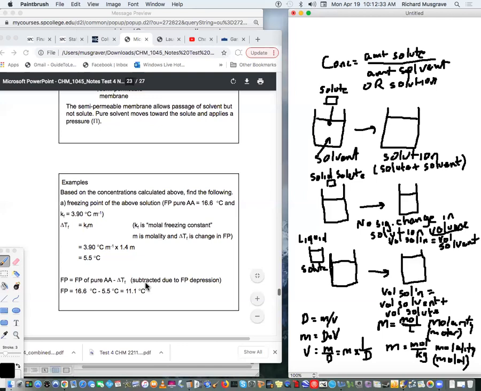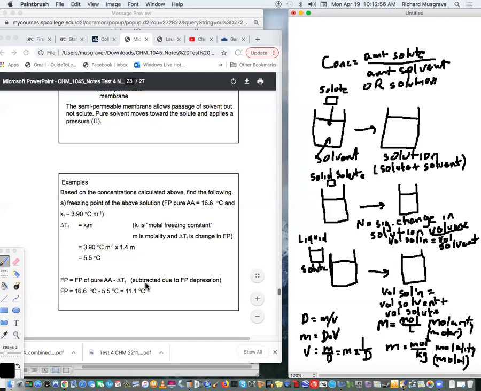When freezing points are affected by solutes, they go down. It's always freezing point depression. So that's why I take the pure value, which was given to me, and minus the change, the delta TF, which is equal to KF times m. That gives us 11.1 degrees Celsius.